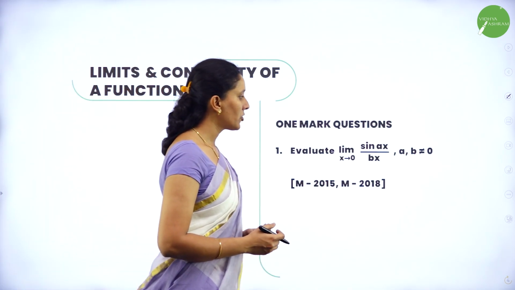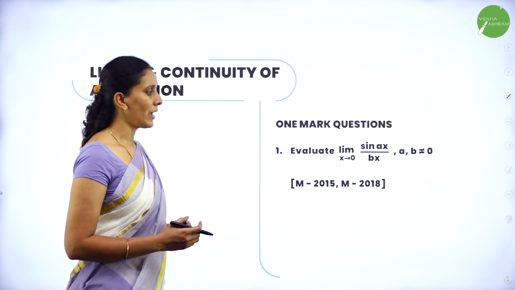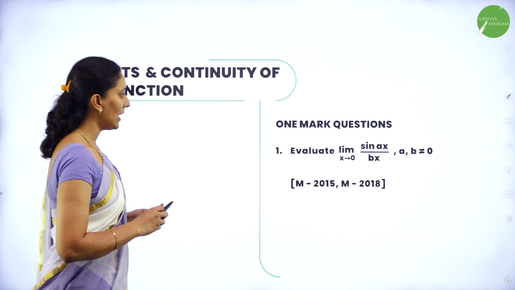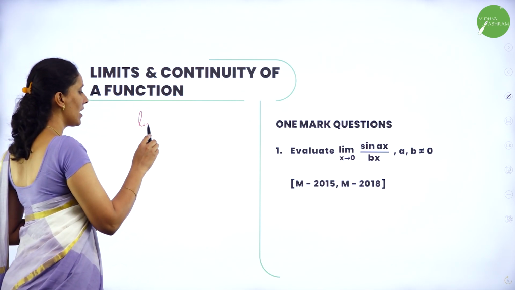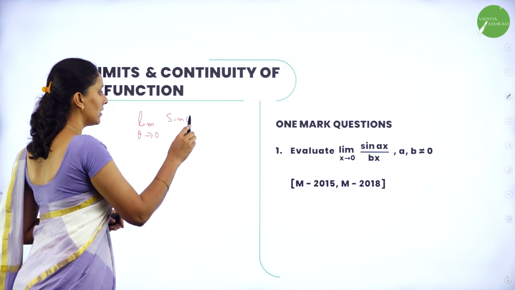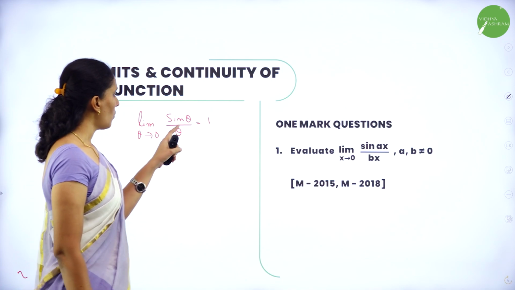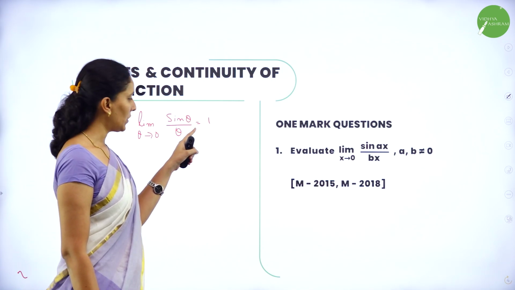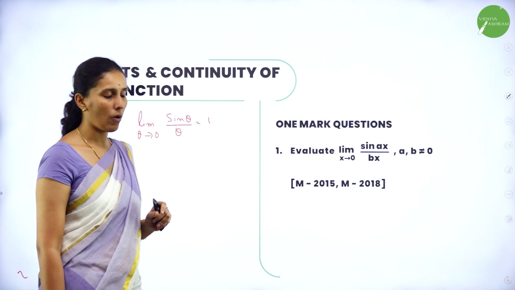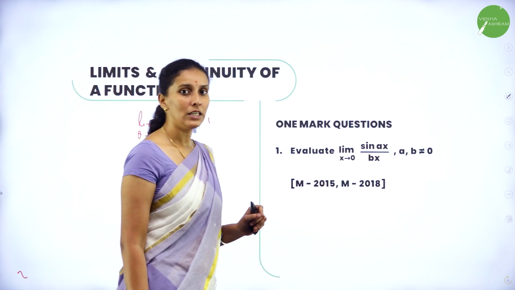Evaluate limit x tends to 0 of the function sin ax by bx. We know the standard limit, that is limit as theta tends to 0, sin theta over theta is always equal to 1. We have derived it. So whatever the theta takes the value here, the same value should be in the denominator. Now when you have sin ax, we need a in the denominator.